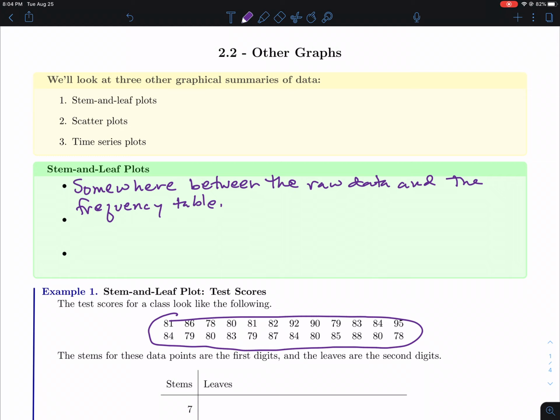What it does is it illustrates the grouping of the data, but it also shows you all the data, which is kind of an interesting thing.